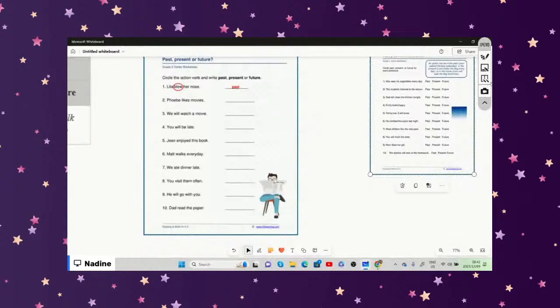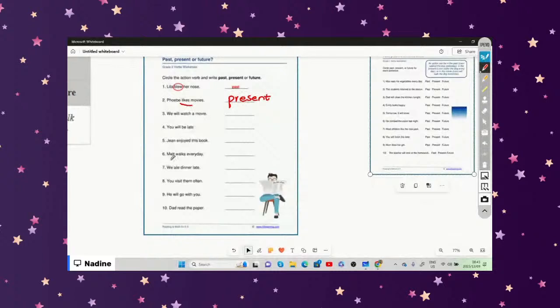All right, so if we were to choose the verb, then we choose likes, and this is in the present. So well done.